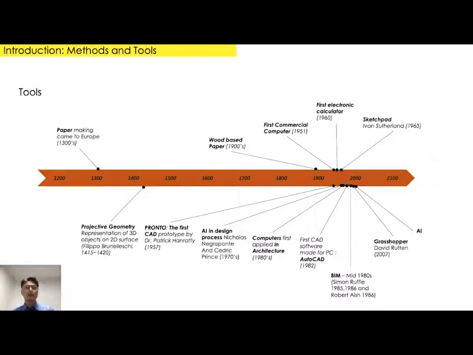This small diagram shows the rough timeline of how the tools have evolved, and at the same time the methods being used and what kind of significant breakthroughs or innovations have happened in the history of architecture. Everybody knows paper, pen, and ink came very early.